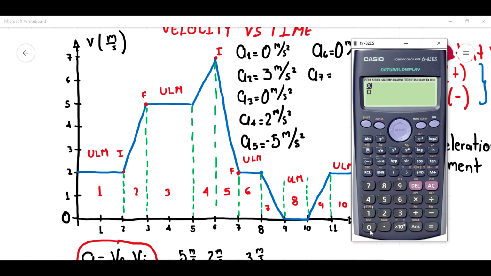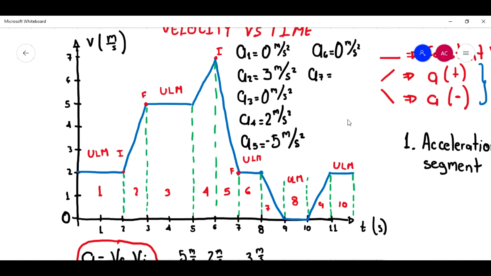So the velocity is 0 minus 2, over 9 minus 8. So this is minus 2 meters per second square. The acceleration of the segment number 8 is horizontal, so that means 0 meters per second square.